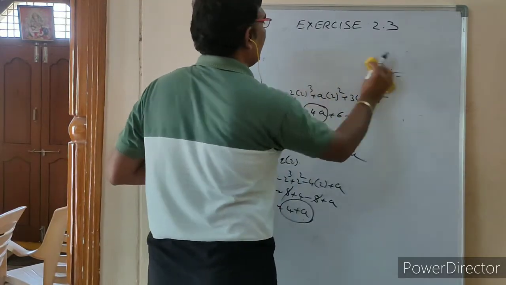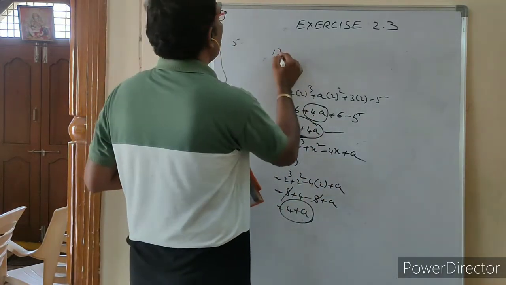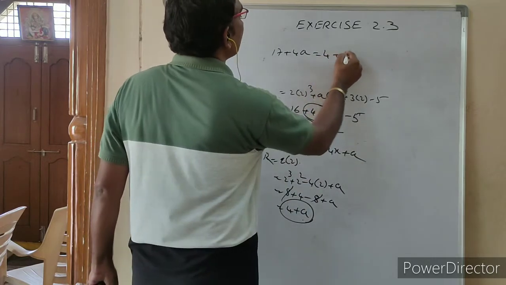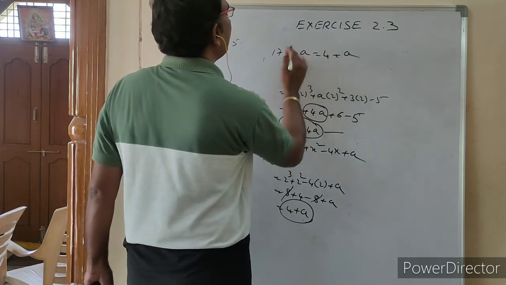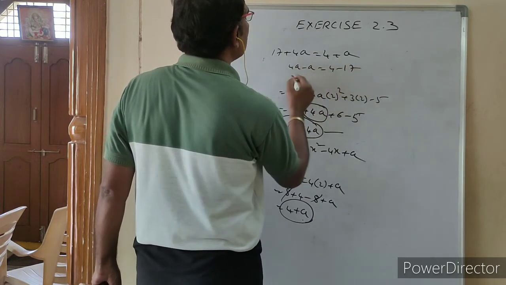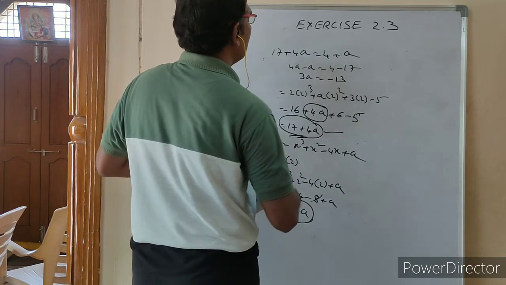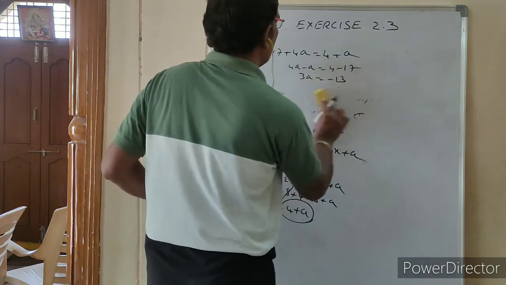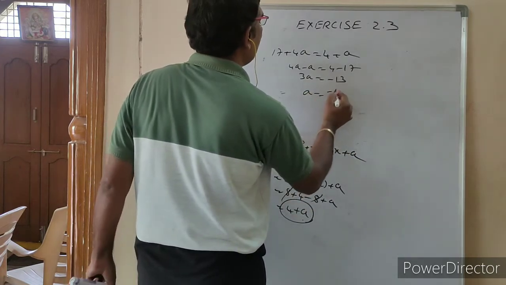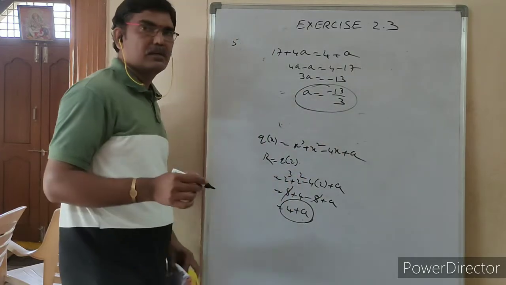According to the problem, since remainders are equal, 17 plus 4a is equal to 4 plus a. Okay. Bring a's to one side. 4a minus a is equal to 4 minus 17. 3a is equal to minus 13. A is equal to how much here? Minus 13 divided by 3. So this is the answer.